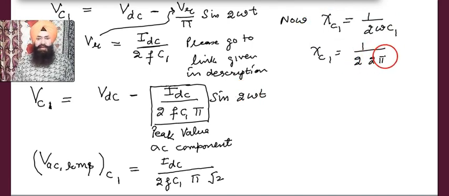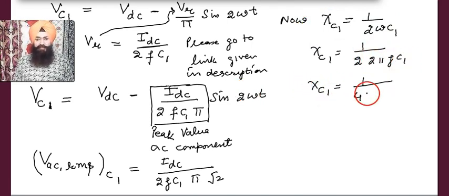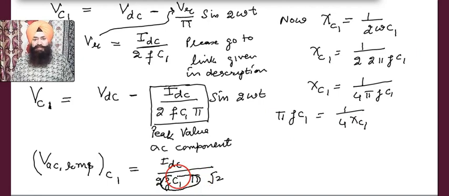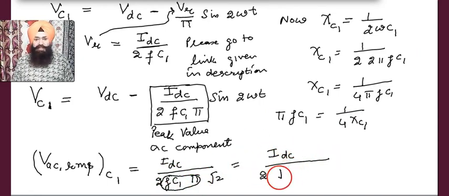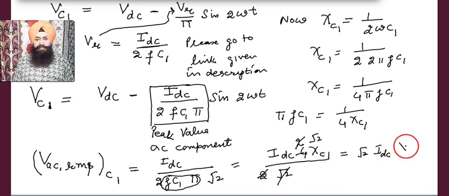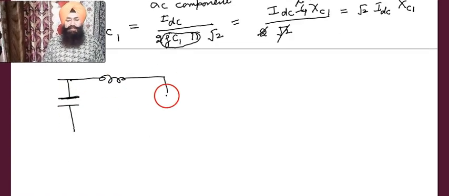So XC1 becomes, omega is 2 pi F. Substituting pi F C1 here, VAC RMS across C1 becomes this expression. So this is the RMS value of AC across C1.